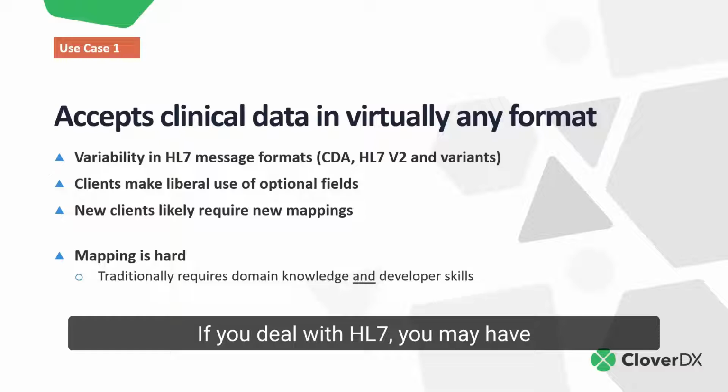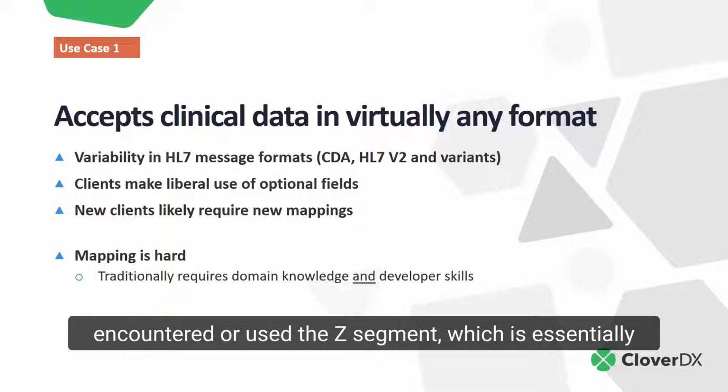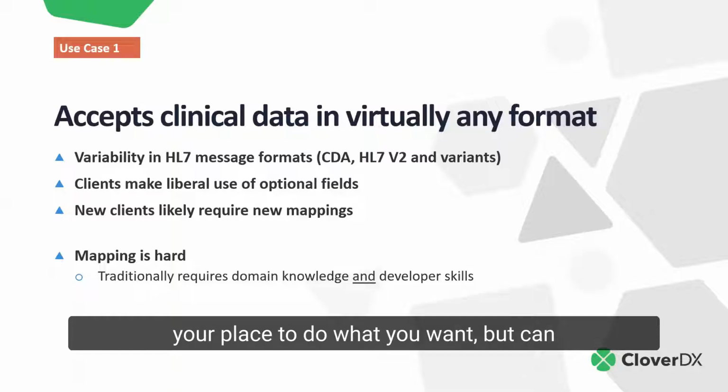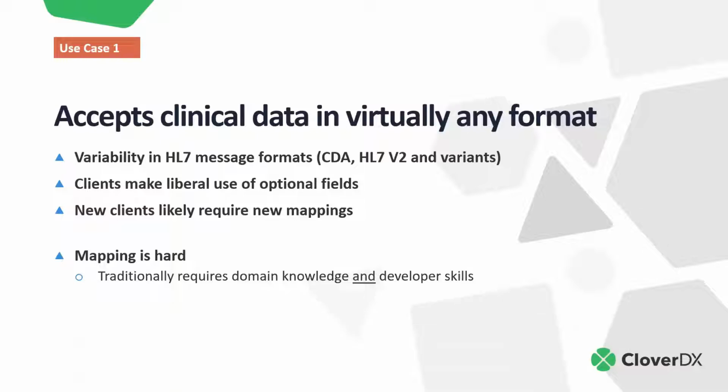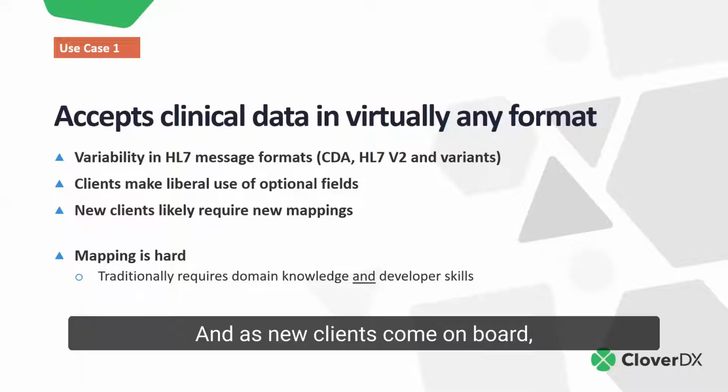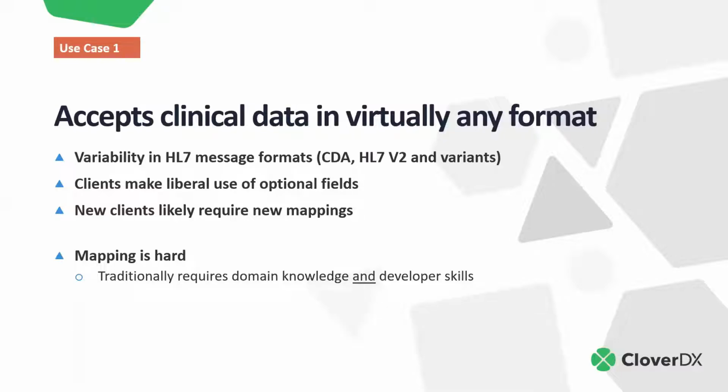If you deal with HL7, you may have encountered or used the Z segment, which is essentially your place to do what you want, but can create challenges in mapping because it's so client specific. And as new clients come on board, new sources of HL7 messages arrive, likely going to require new mappings.